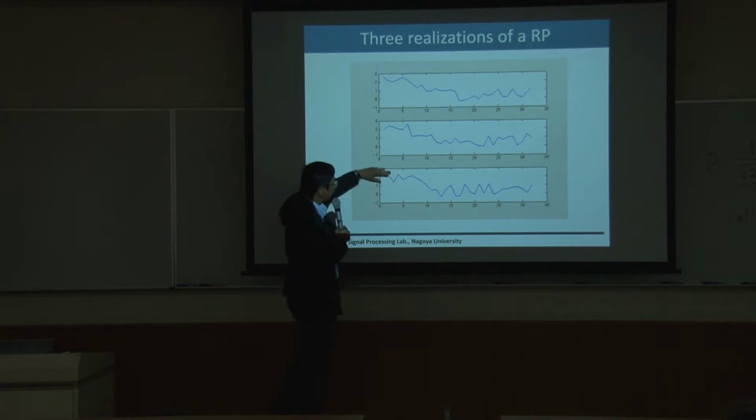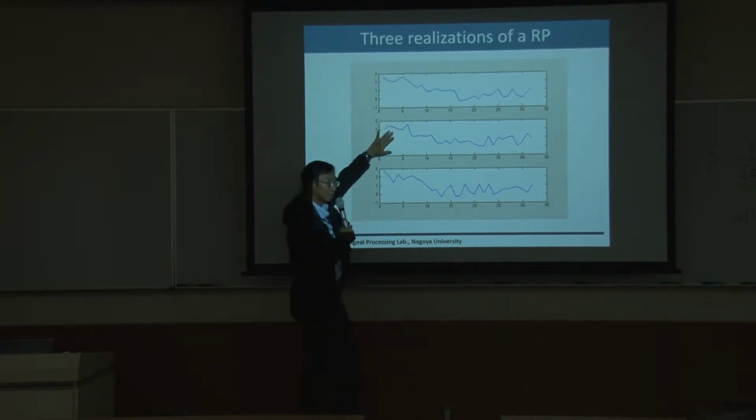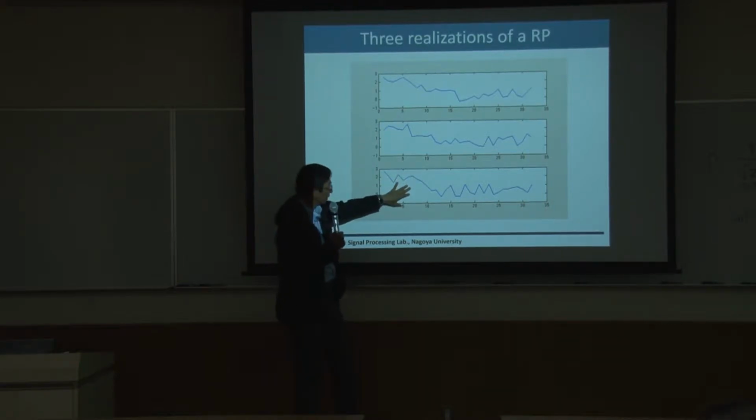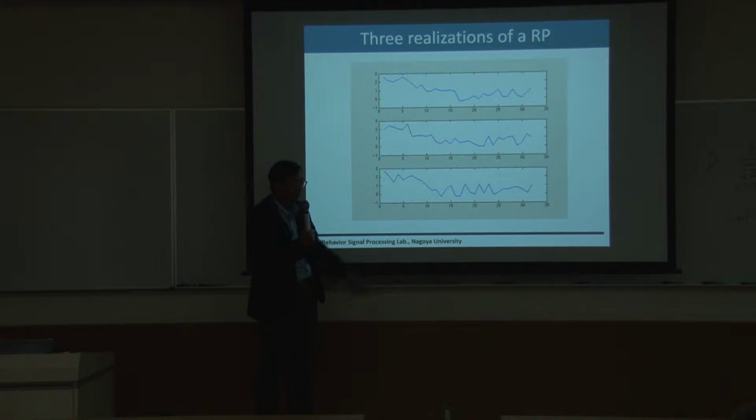The random process gives you the probability of each individual line or signal, and these three observations are somehow probable from the given random process, but of course the shapes are completely different.